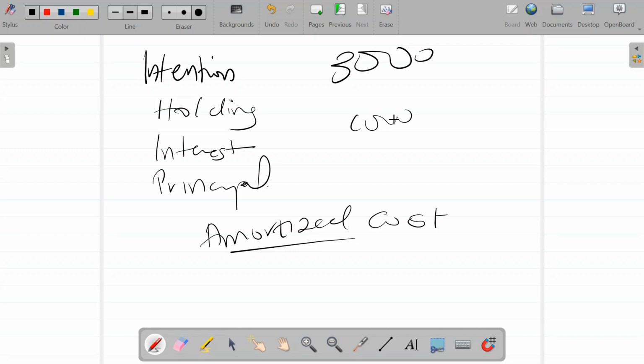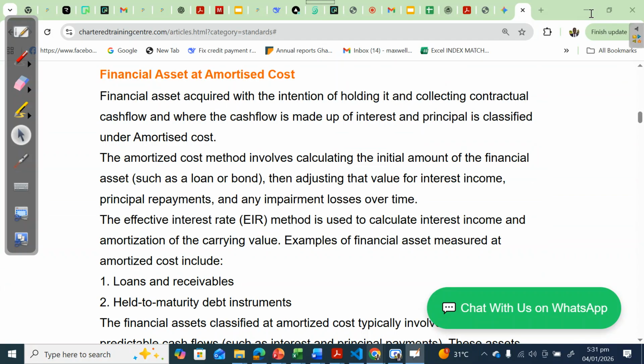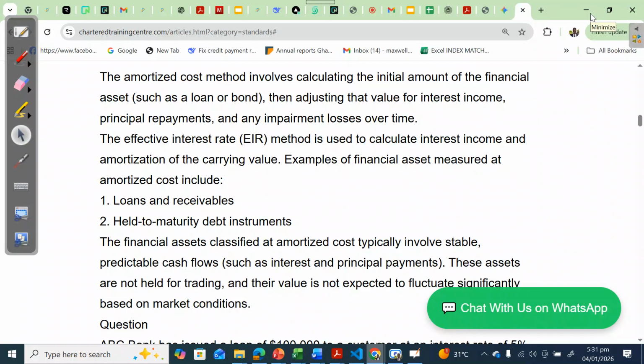Every year when the principal is paid, your balance will reduce. So amortization is like we are trying to account for the periodic benefits or cash flow that we derive from the financial assets.